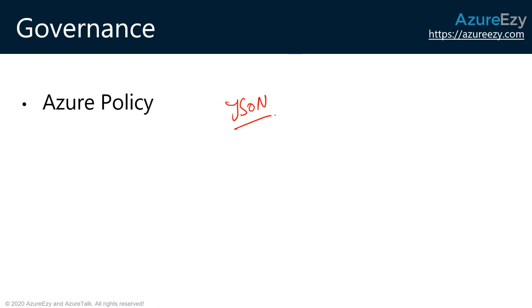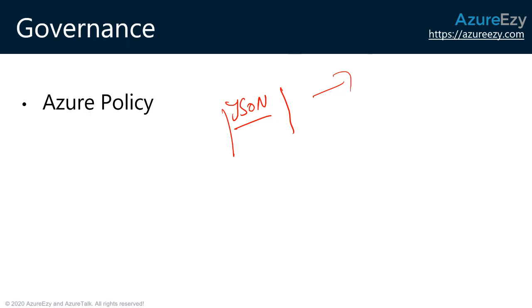It can be defined in a JSON file, or you can directly go to the portal and create the policies, and behind the scenes they will also create the JSON. You might not be required to know those details from the portal. But if you want to do infrastructure as code with Azure policy, yes, you can do that.